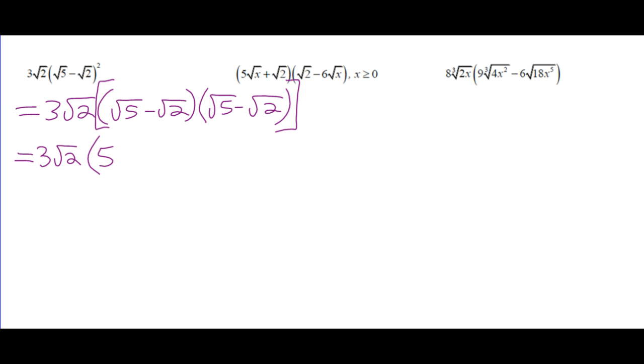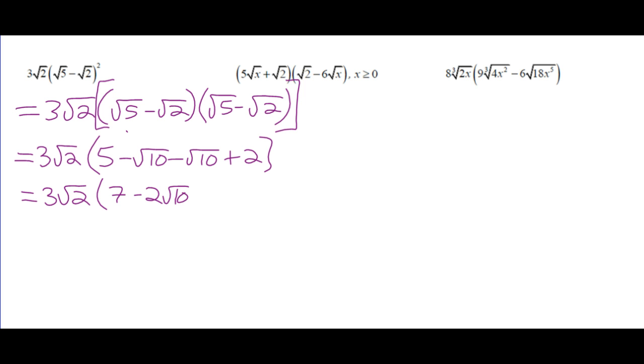Minus root 10. Plus. Okay, so it's 3 root 2, and we have 7 minus 2 root 10.